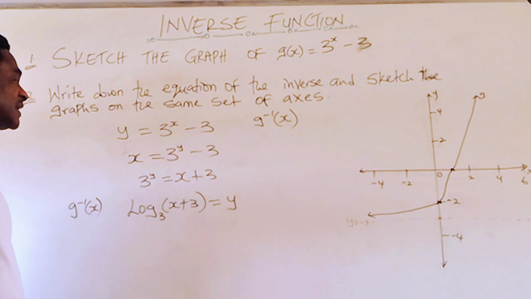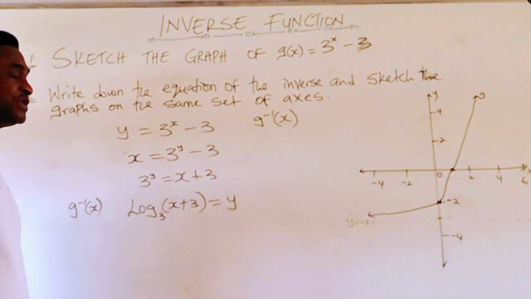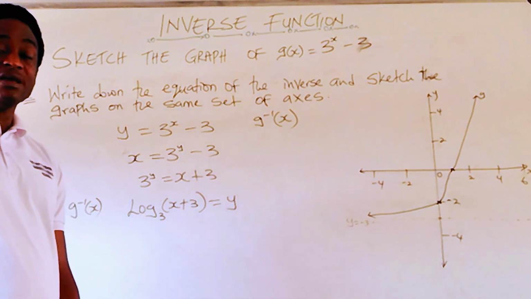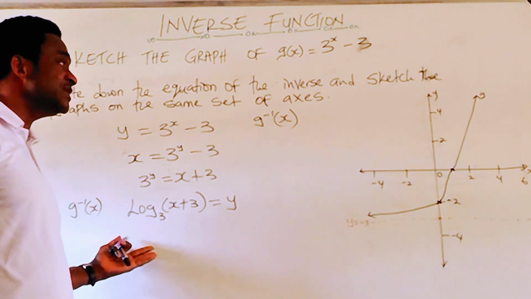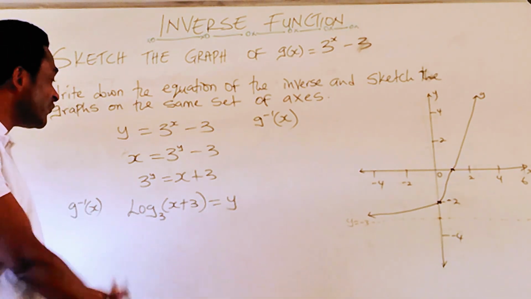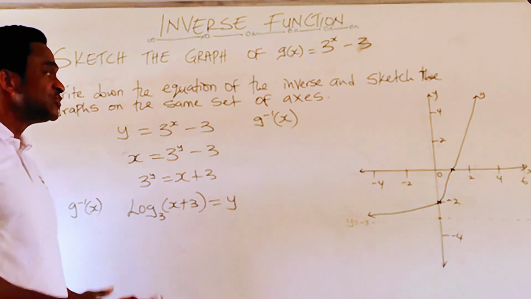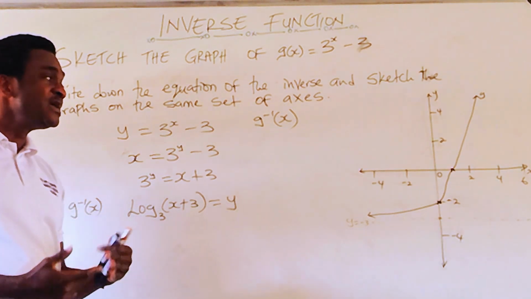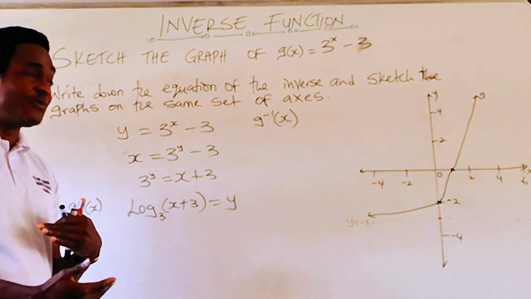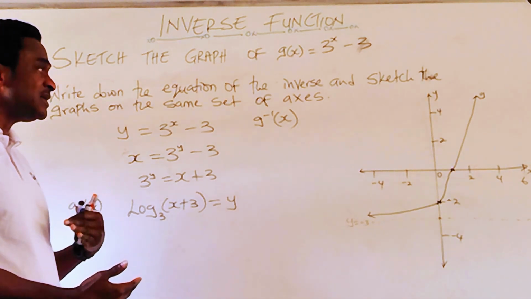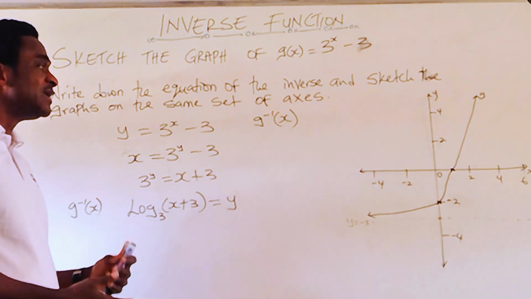Let's go about sketching the graph. Like I told you earlier on, there are two ways of doing this. If you don't want to go through the process of solving the values for x at every stage, remember the inverse inverts everything. Let's look at this.